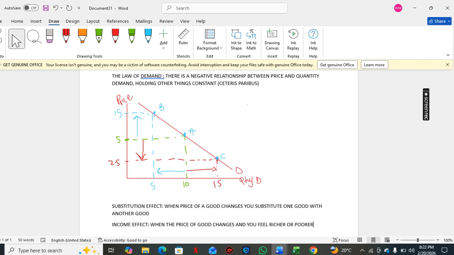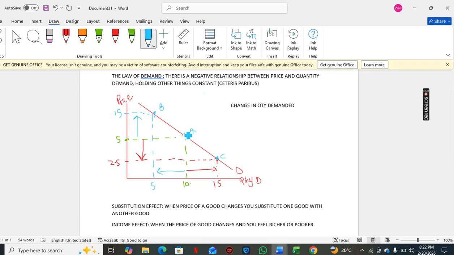Okay. Now we have to be able to also differentiate between change in quantity demanded and change in demand. Okay. So when we say change in quantity demanded, this is what I've illustrated here. This is just a movement along the demand curve.